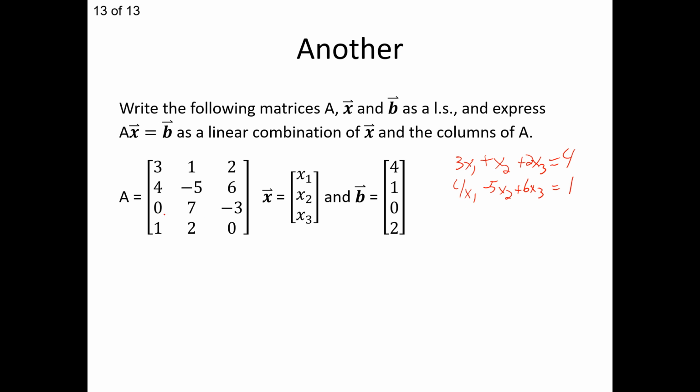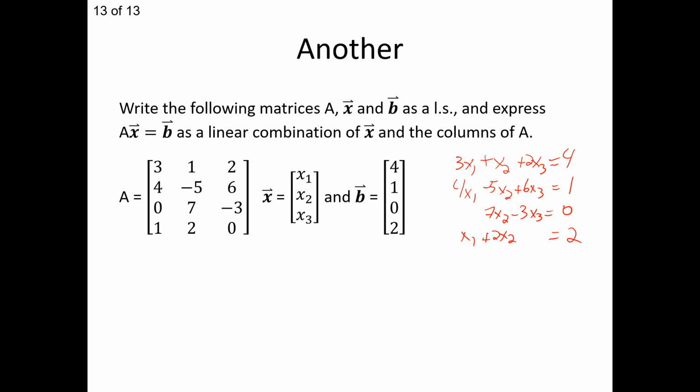There's 0 there for that one, so I'm just going to leave that one out, which means all I have is a 7x sub 2 minus 3x sub 3 equals 0. And then I have a x sub 1 plus 2x sub 2. I don't have a third. There's just 0 there, so that one disappears, and then that's equal to 2. So there's my linear system, right? Taken back out of the matrix.